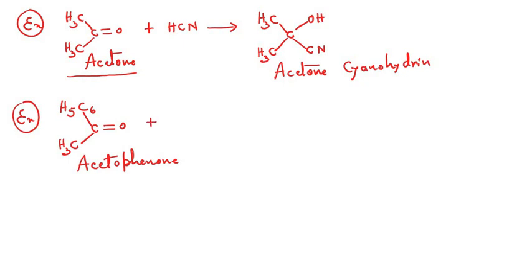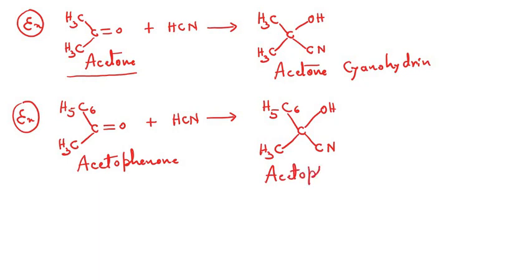When this compound is treated with HCN, hydrogen cyanide, we can write C6H5C with OH, CH3, and the nucleophile that has attacked, CN. So the name of the compound is acetophenone cyanohydrin.